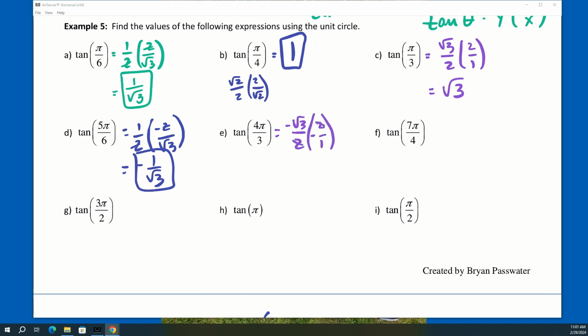What's a negative times a negative? Positive. All right, and then for pi over 4, all of those pi over 4 angles have either a slope of 1 or negative 1. And so if you're looking at your unit circle and you hold your pencil at that line, would that be a positive or a negative slope? A 7 pi over 4 would be negative. Or you could do the math.